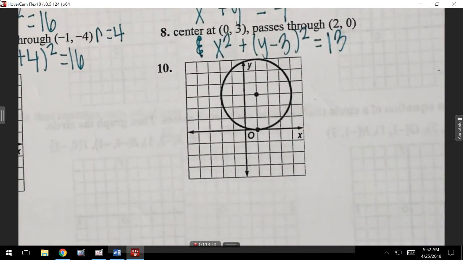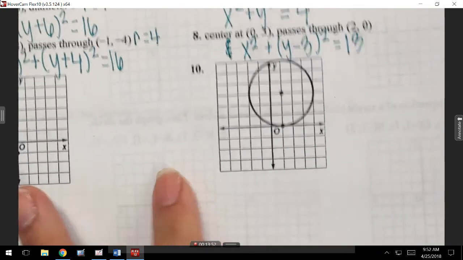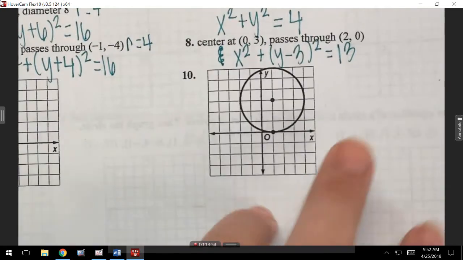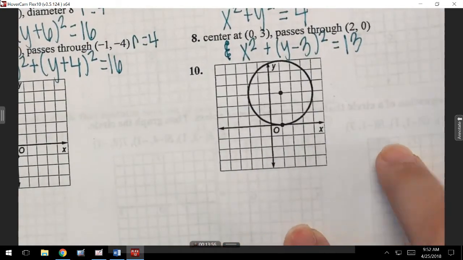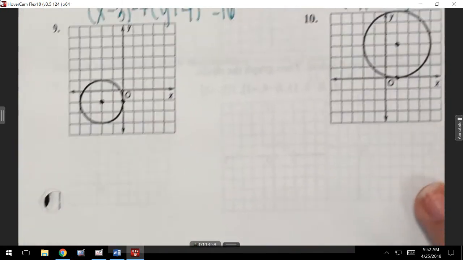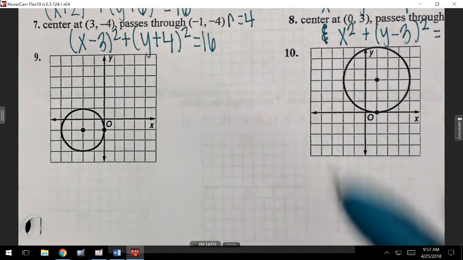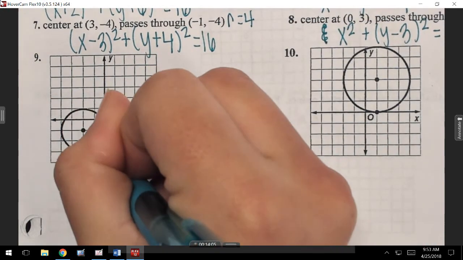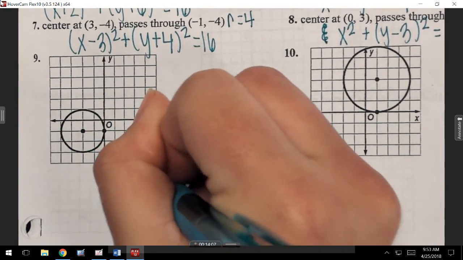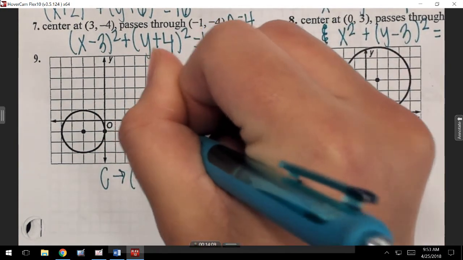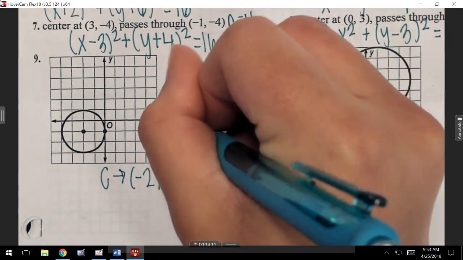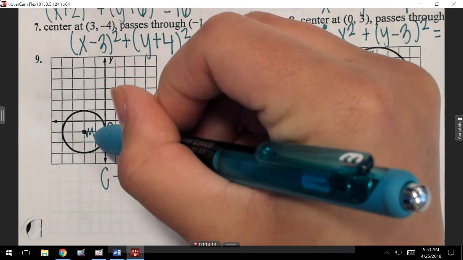Okay, 9 and 10. You're not given the information. Instead, you are given a graph. Write the equation of a circle given this graph. Well, what's the center of number 9? And what's the radius? 2. Just count from the center to one of the sides.